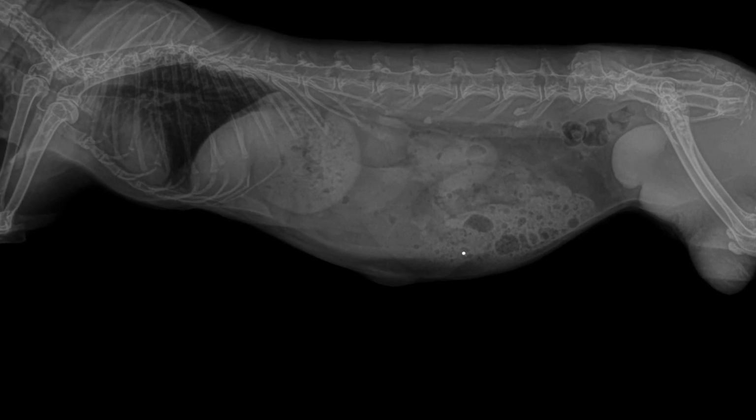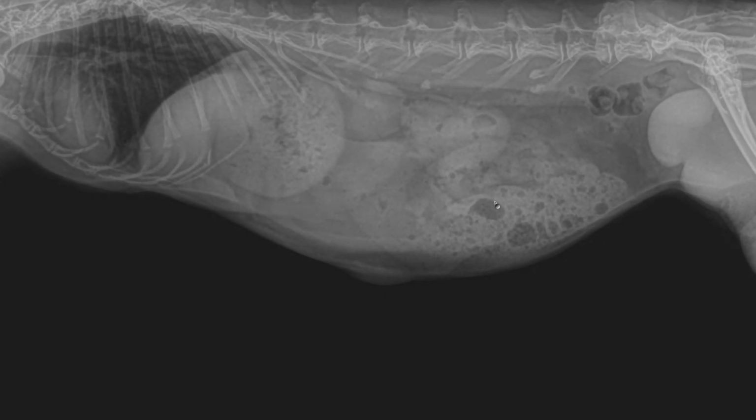Also, in the lateral view, you may have noticed that there is a smoothly marginated, broad-based fat opacity in the subcutaneous mid-abdominal region.